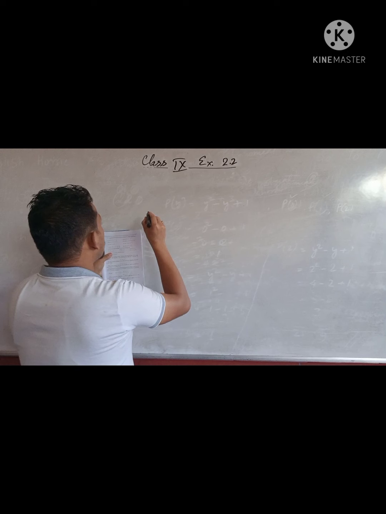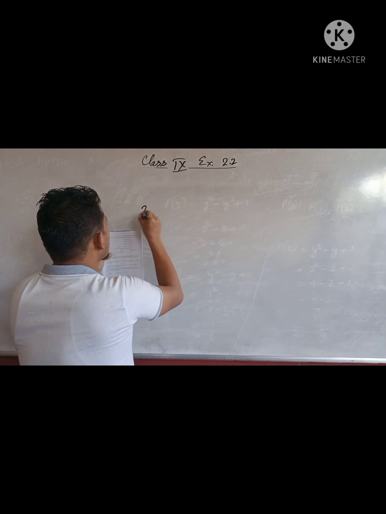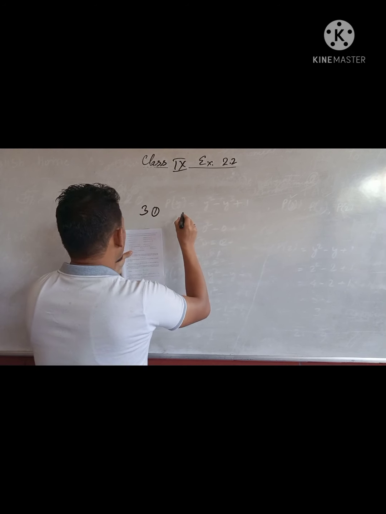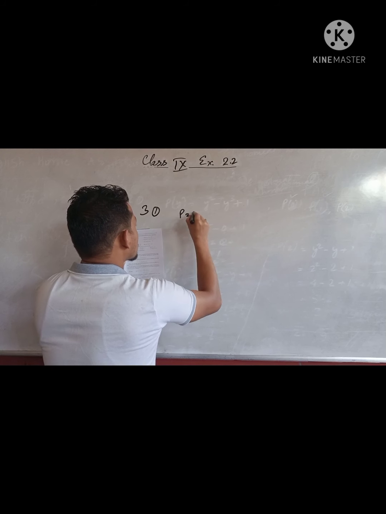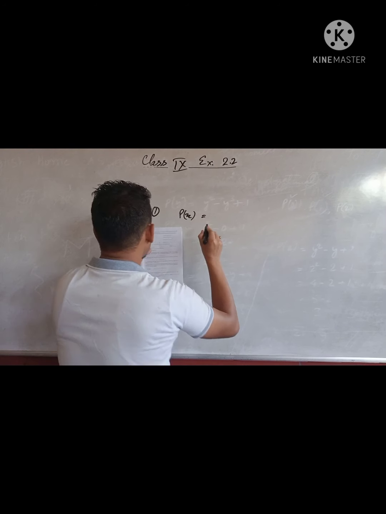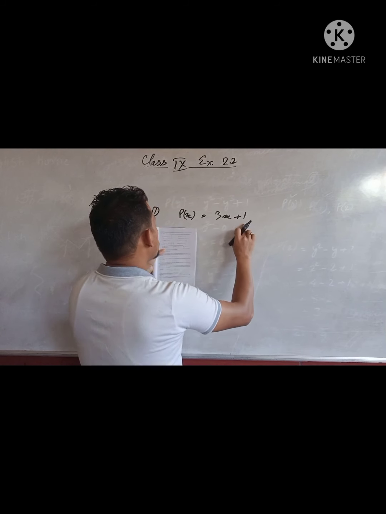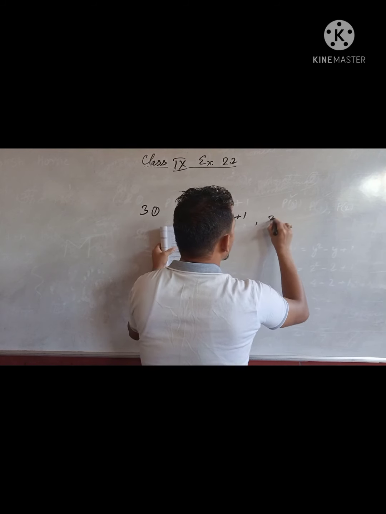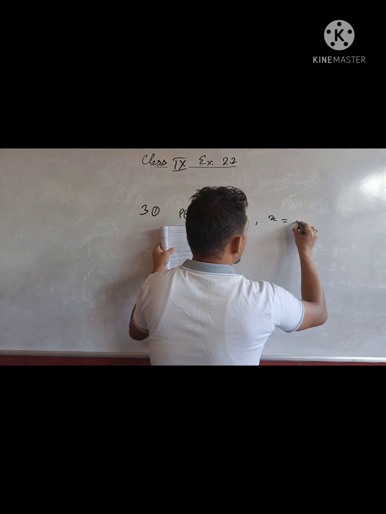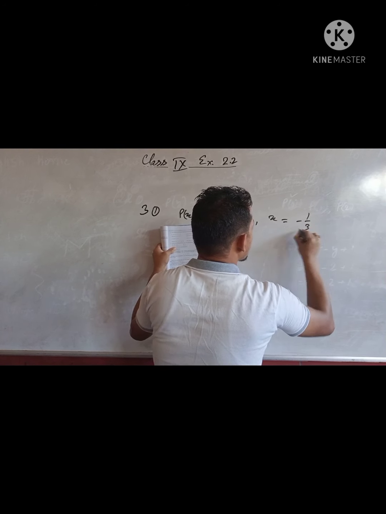So let me take Roman number 1. Question number 3, Roman number 1. So P(x) equals 3x plus 1. This is the polynomial, and the value of x is given as minus 1 by 3.